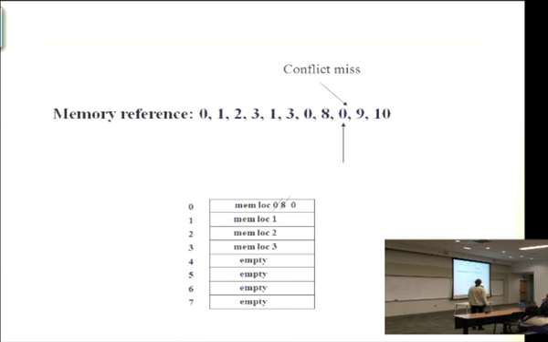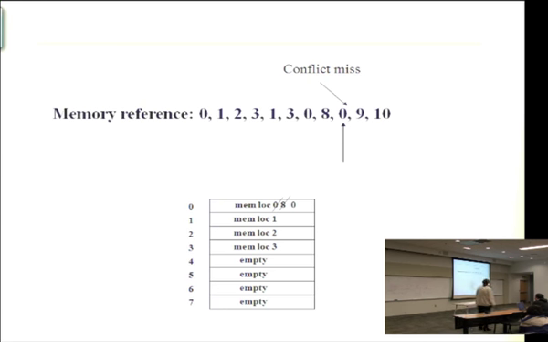But now when I want to bring back 0 again, it's called a conflict miss because I'm replacing 8 again with 0. So obviously this is an artificial problem. I don't want to have this type of conflict. I have empty space here, but I keep replacing address 0 just because I introduced this fixed mapping, that's the rule.